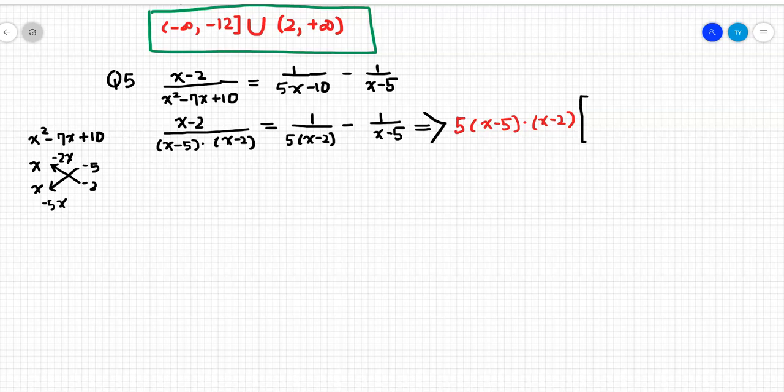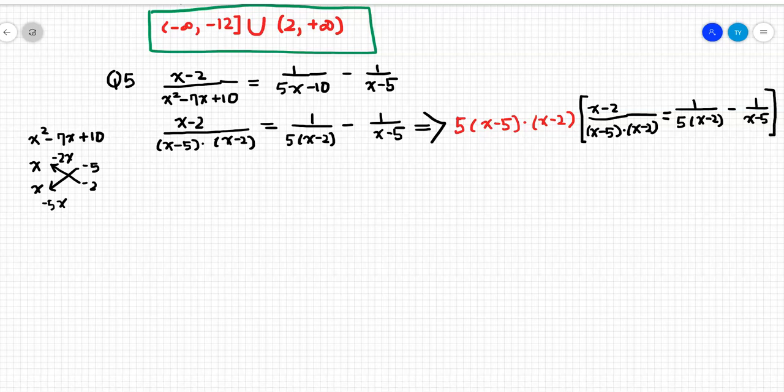So we're going to have (x - 2)/((x - 5)(x - 2)) = 1/(5(x - 2)) - 1/(x - 5). Alright.